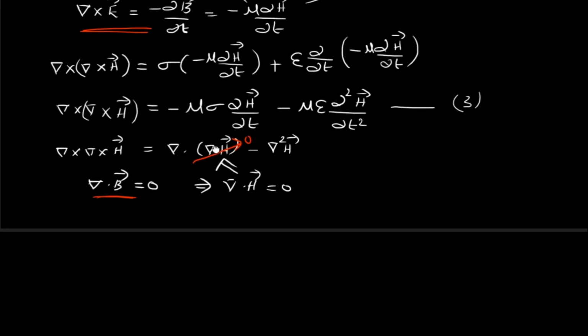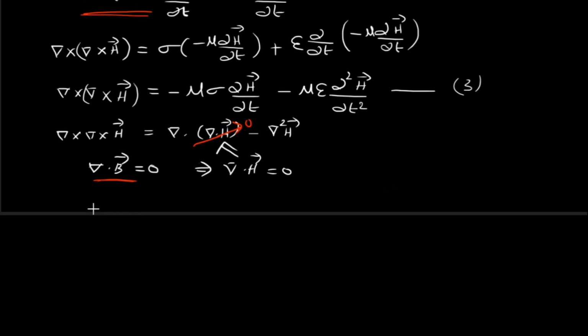So del dot B is 0, and my LHS, the curl of curl of H, is now just minus del square H. Now I can substitute this back into my third equation, replacing the LHS of my third equation with minus del square H.